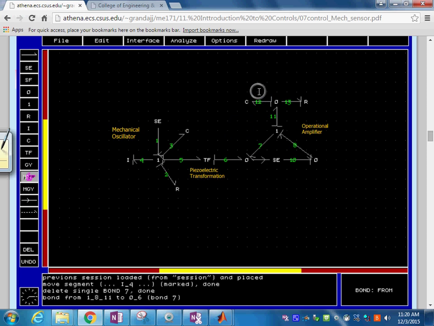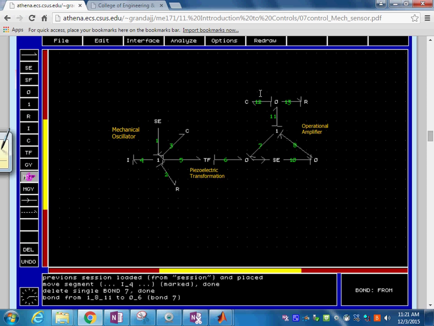So that relationship between this voltage and this input over here, that relationship is called the transfer function. And once you have the bond graph model in CAMP-G and you specify what the output is, the file CAMP-G SYM will derive the transfer function for you.